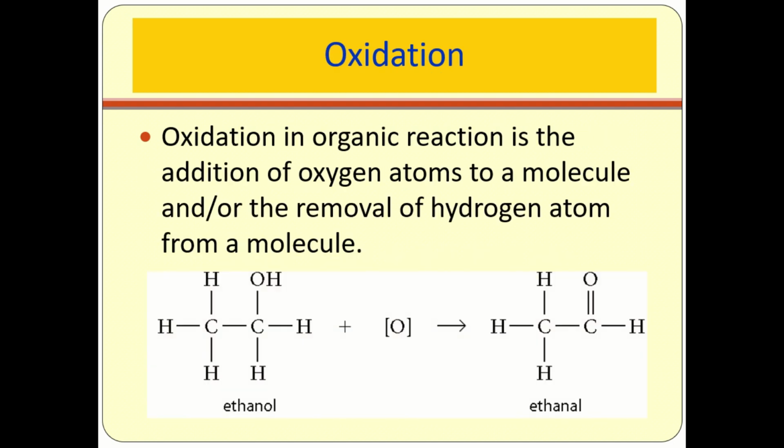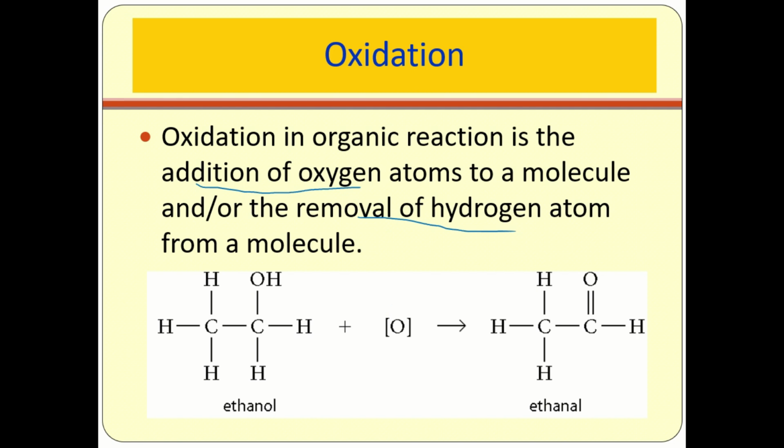We're going to look at oxidation and also reduction of organic molecules. So oxidation in organic reactions is an addition of oxygen atoms or removal of hydrogen atoms. The more common one is addition of oxygen atoms. We'll use oxidizing agents such as KMnO4 or acidified potassium dichromate to oxidize organic molecules.